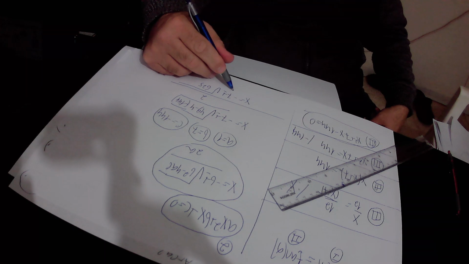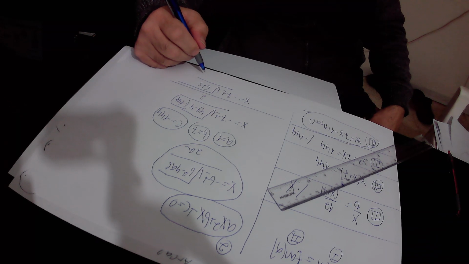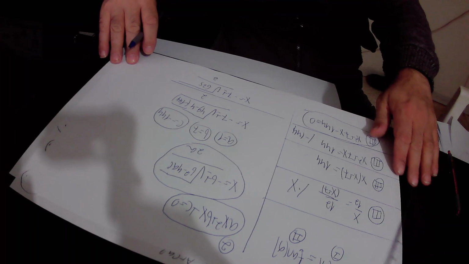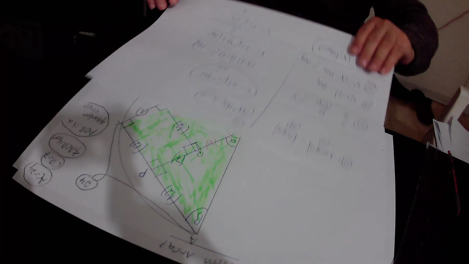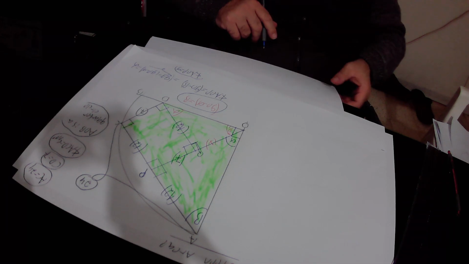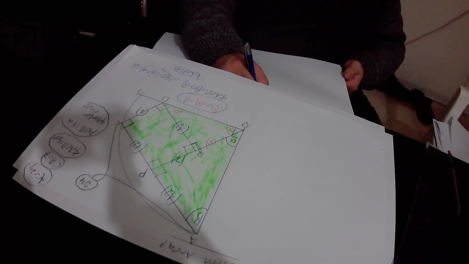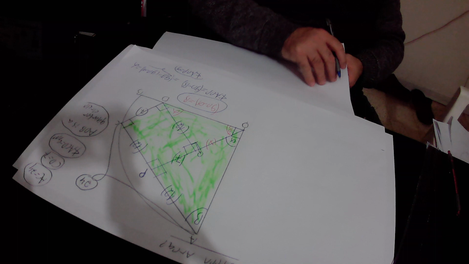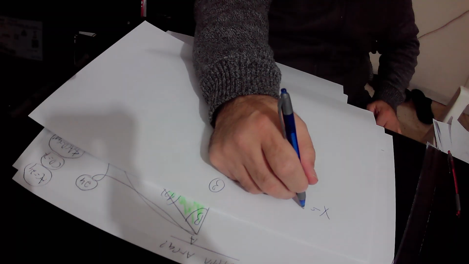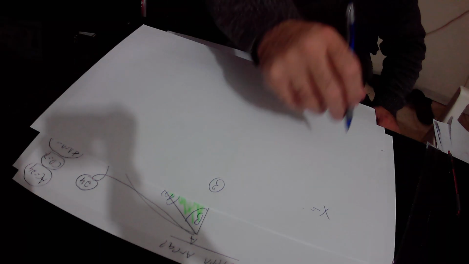So inside the root we are left with only 625, over 2. So we found out that x equals minus 7.